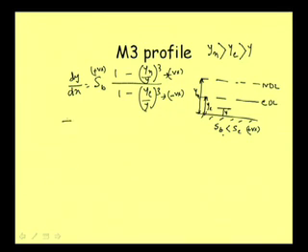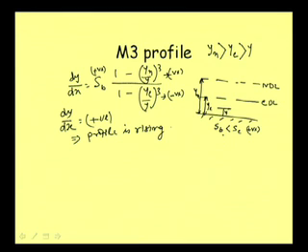So what we are getting is dy/dx is positive. Now, when dy/dx is positive, what does it mean? Again, this implies the profile is rising. So we are getting again a rising profile.